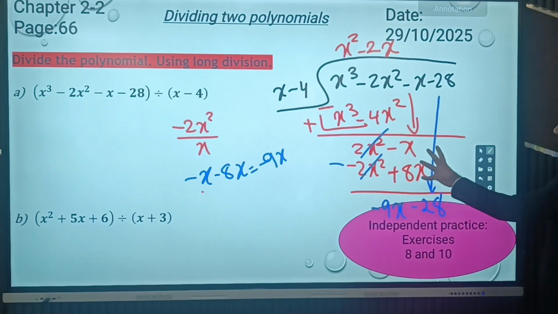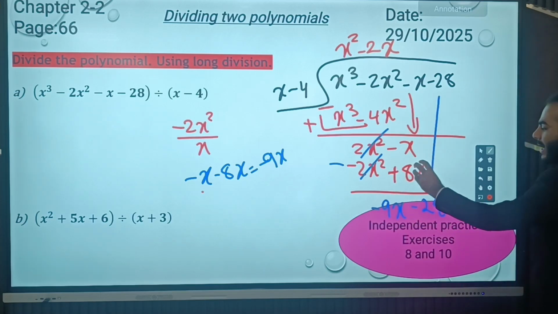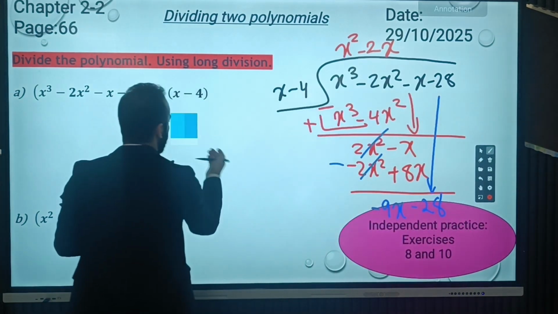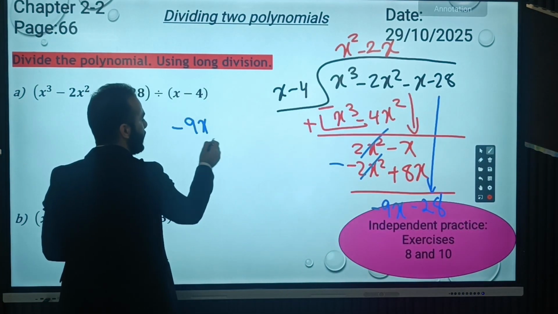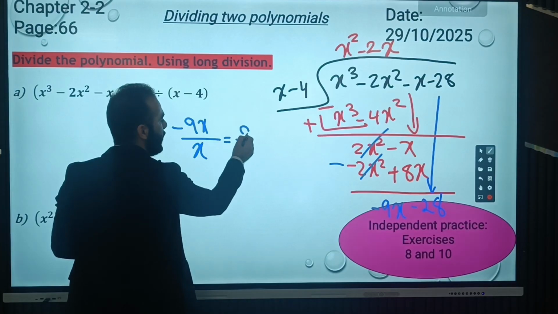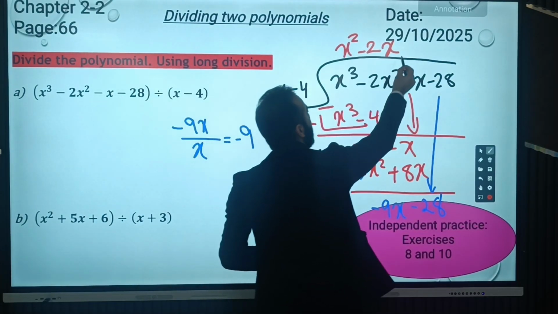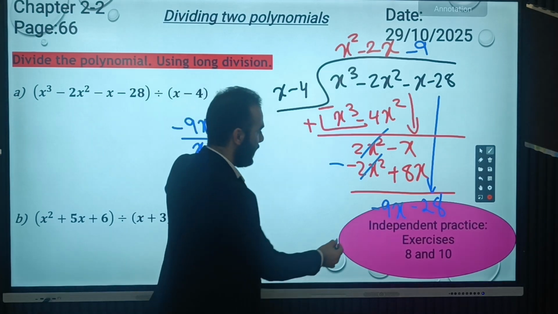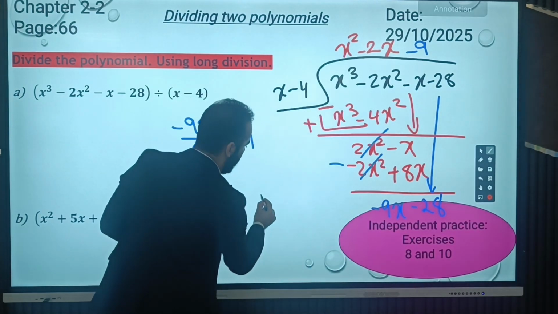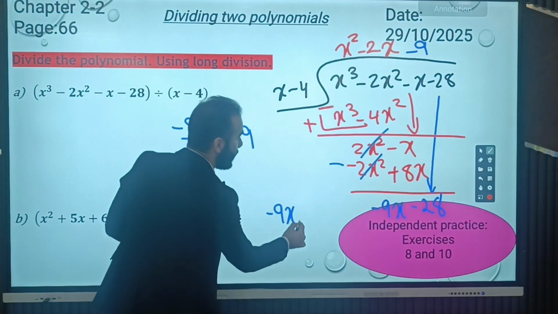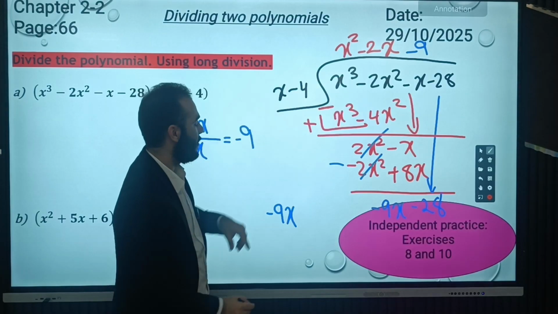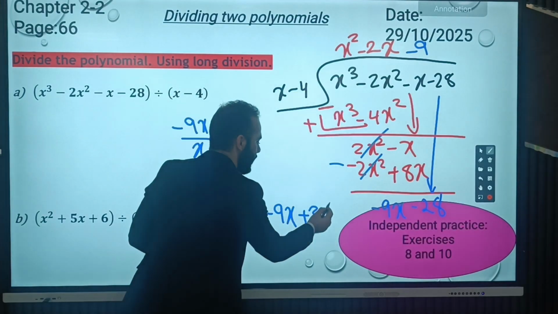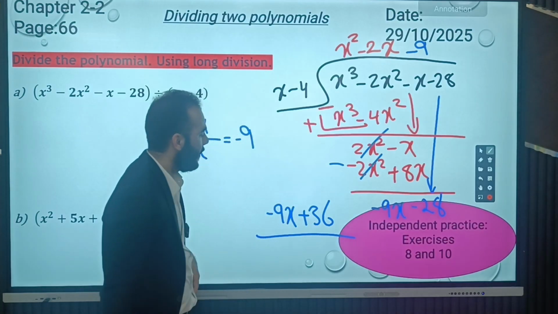So right now, repeat the steps. Negative 9x divided by x, what will remain? Only negative 9. So you are going to write negative 9 here. Negative 9 times x, negative 9x. Negative 9 times negative 4, negative times negative, plus 9 times 4, 36. Okay.